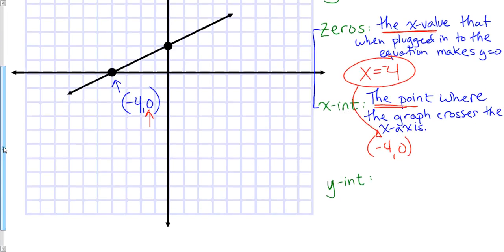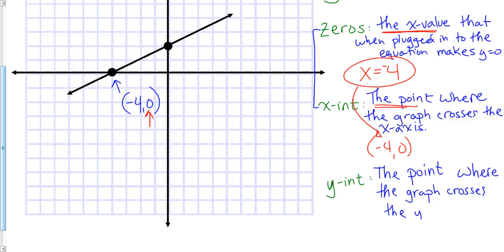The y-intercept is the point where the graph crosses the y-axis. So in this case, looking at this point, which would be 0, 2.